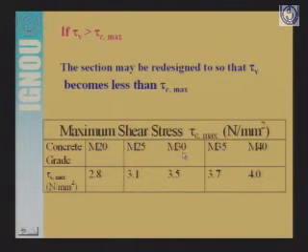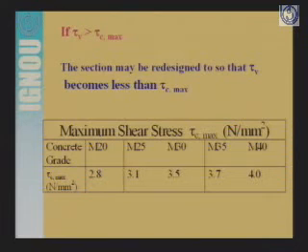For M30 grade, tau c max is 3.5 Newton per mm square, and for M35 grade, this is 3.7 Newton per mm square. For M40 grade of concrete, tau c max is 4.0 Newton per mm square. So these are the values of maximum shear stress, tau c max, for different grades of concrete.